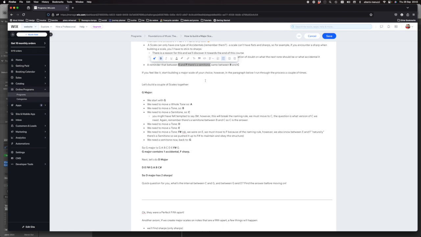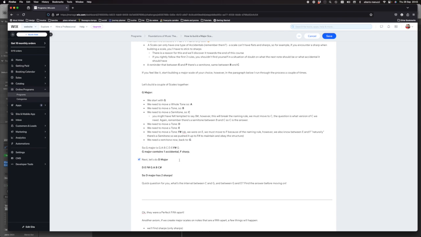So what do we do? We go up with a sharp. So it's F sharp. So it is indeed a tone from E to F sharp. Okay? And then there's a semitone between the 7th and the tonic, F sharp to G. Perfect. Okay, so G major contains one accidental, F sharp.